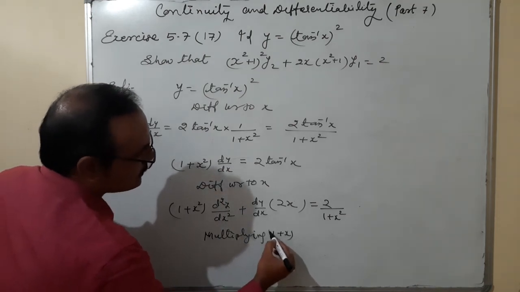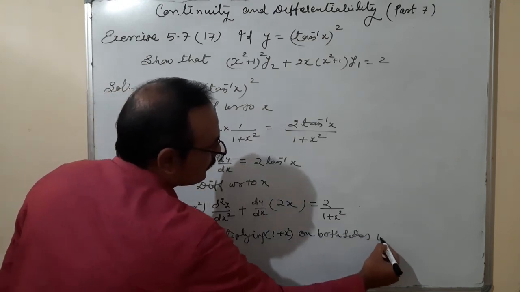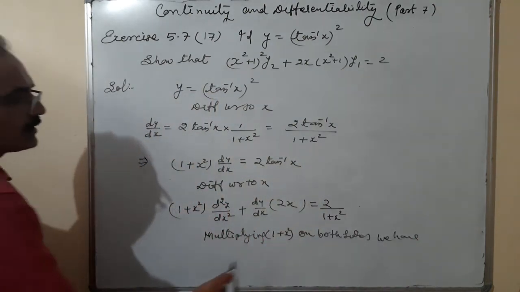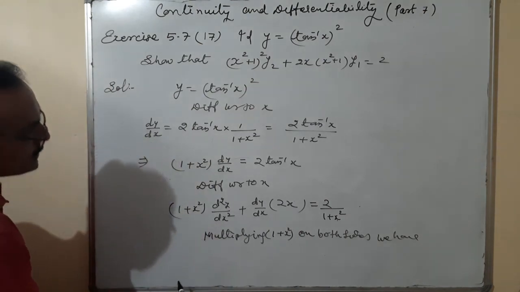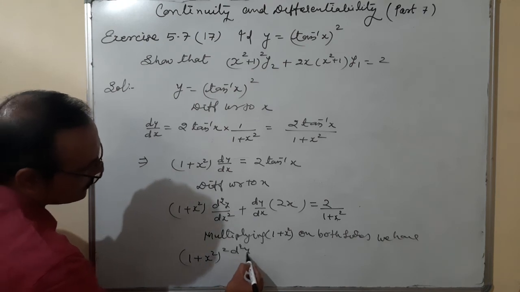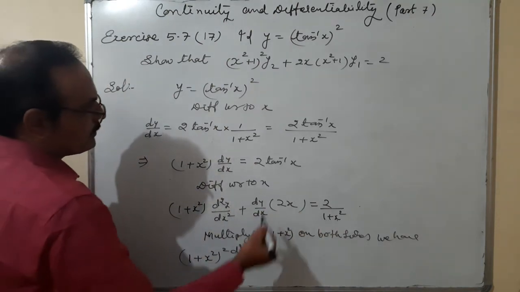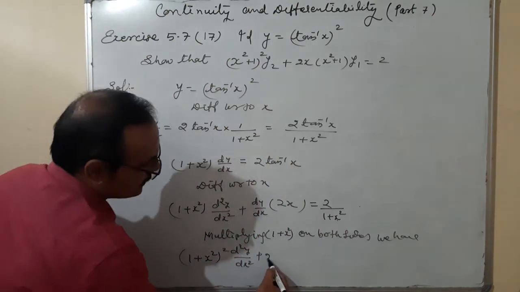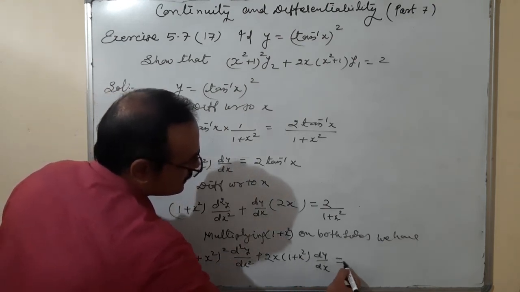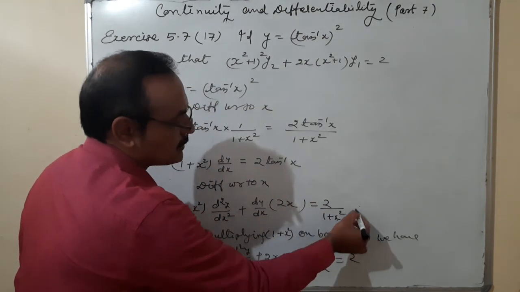If we are multiplying 1 plus x square on both sides, what happened? 1 plus x square multiplied by 1 plus x square, it is coming 1 plus x square whole square d2y by dx square plus 1 plus x square 2x multiplied by dy by dx is equal to, on the right hand side what is left? 2, because you multiplied by 1 plus x square, it cancels 1 plus x square.